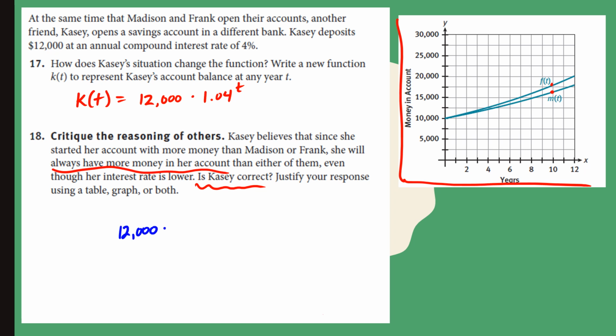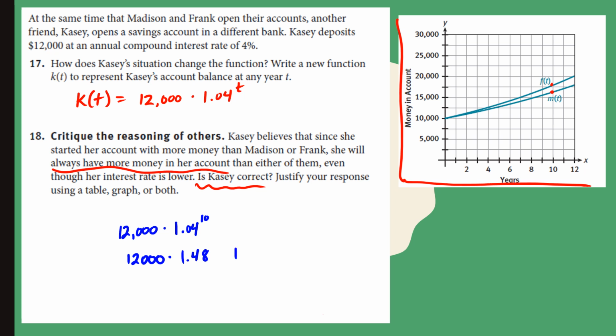You do it how you want to, but let's make a good comparison here and see what we get. If I do it this way, 1.04 to the power of 10 gives me 1.48.